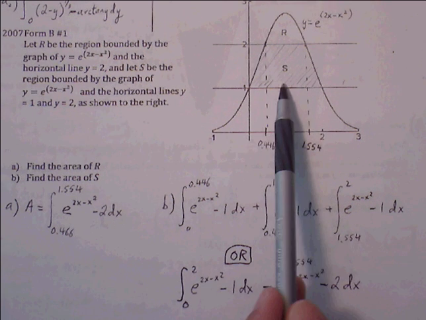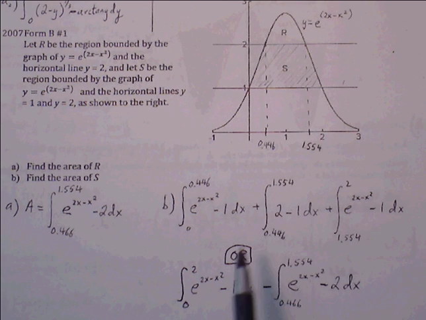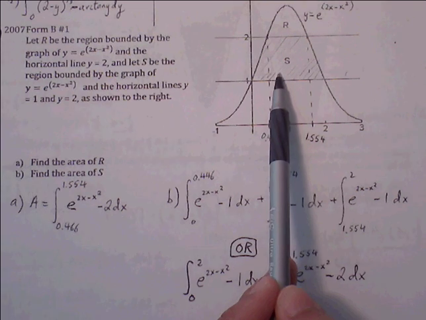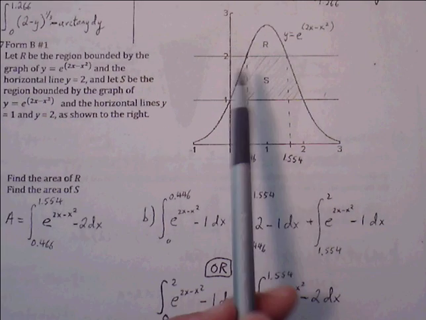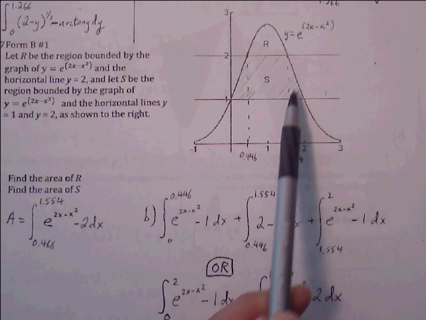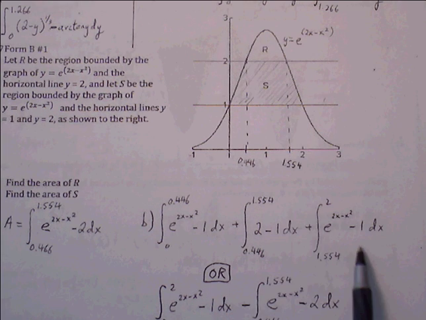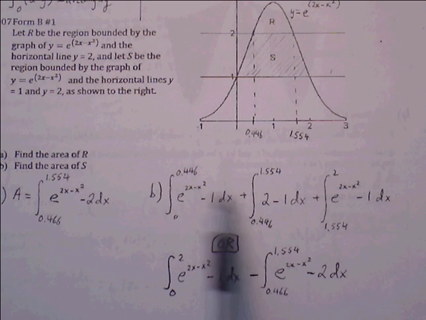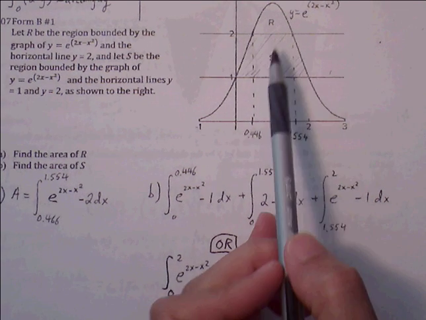The second region is 2 minus 1 from 0.446 to 1.554, and that will give us the middle, rectangular region here. And the triangle-shaped region here will be again top minus bottom, the exponential minus 1, but this time from 1.554 to 2.